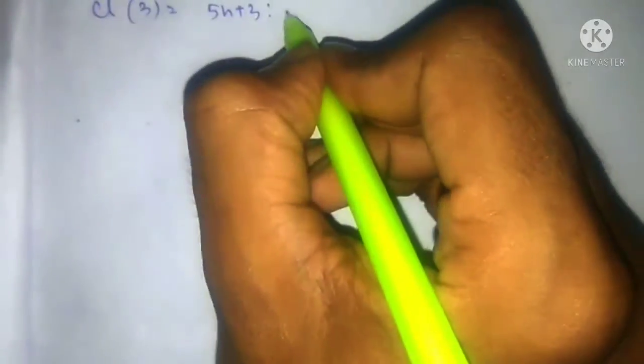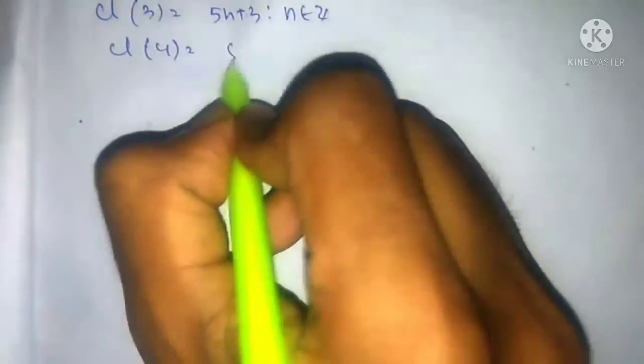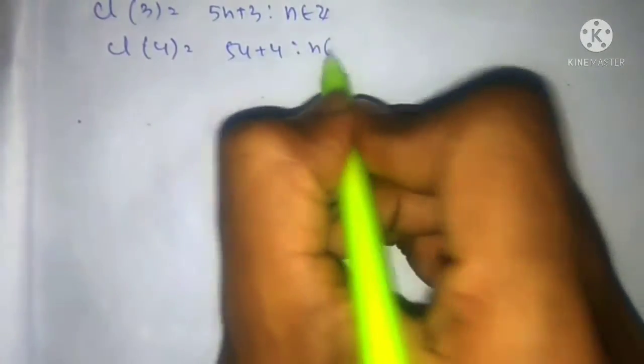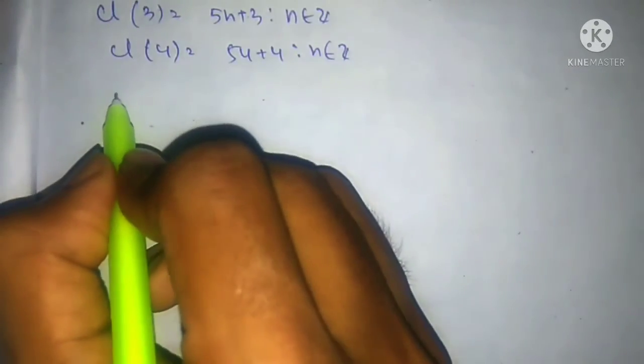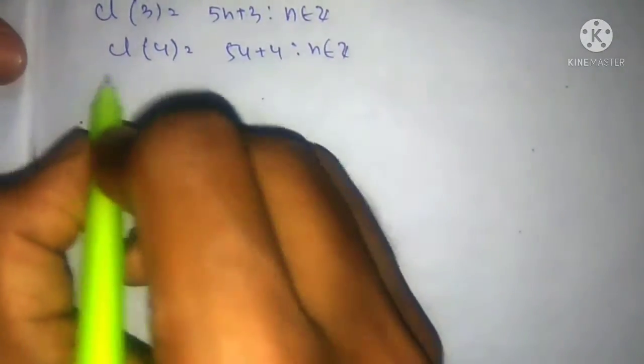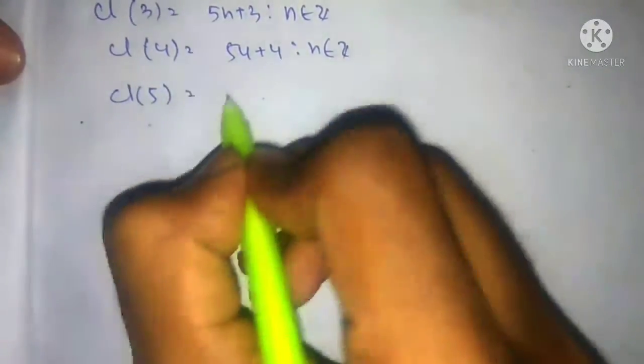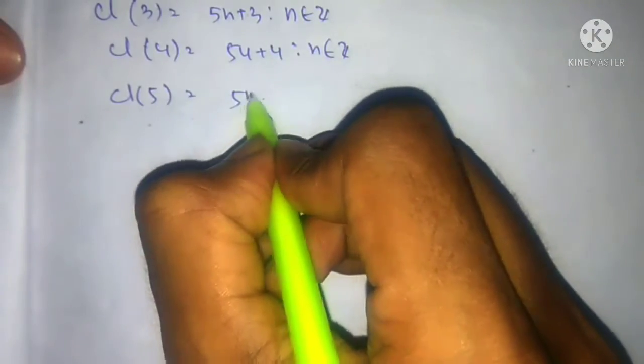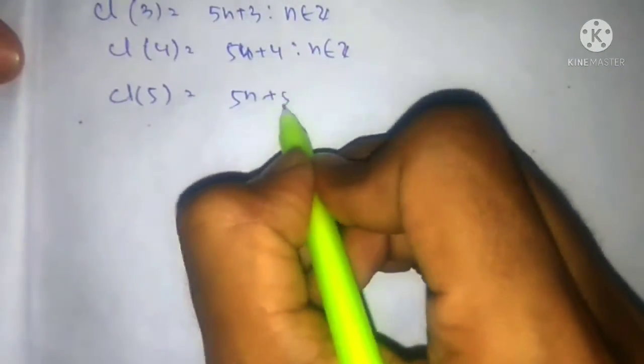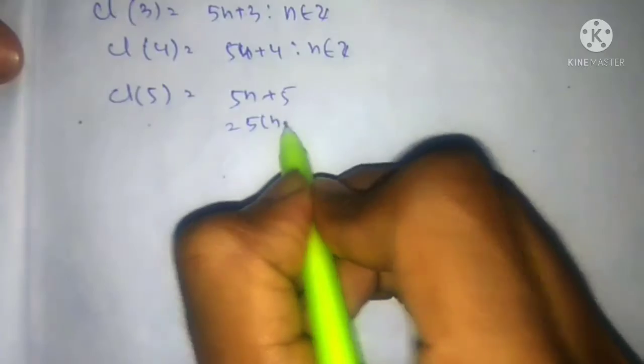Class of 3 is 5n plus 3 such that n belongs to Z, and class of 4 is 5n plus 4 such that n belongs to Z. But class of 5 cannot happen. Why? Because if class of 5 comes, it is the same: 5n plus 5, which is also 5 into n plus 1.